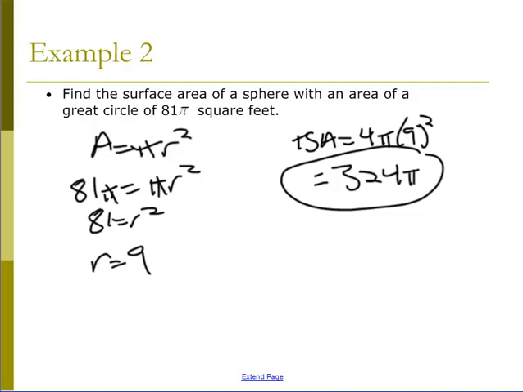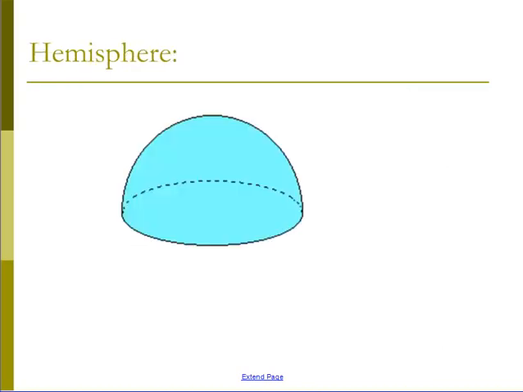So that's really the only two ways we can do stuff for spheres. We're going to add in hemispheres. So on a hemisphere, the difference is you sliced it in half, you've created a flat surface. So the total surface area has a lateral area now plus one base.